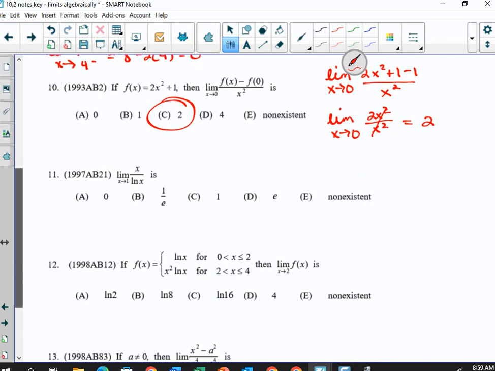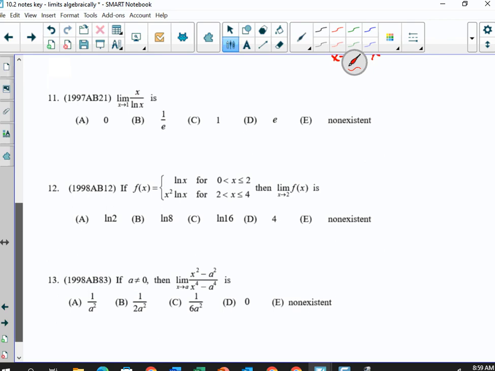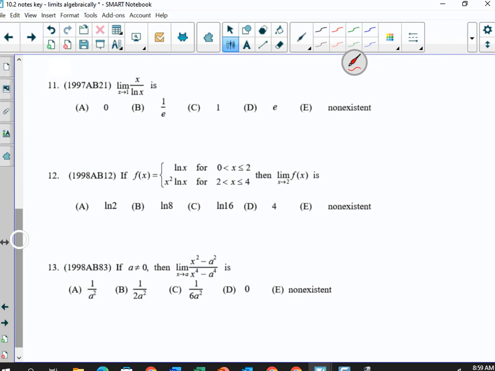Okay, guys, this one. This one's not super fun because it's really tricky to see. We're not great with our graphing of our natural logs of x at this point. If you had to make a guess on this one, what is the natural log of 1? Yay! 0. Okay.